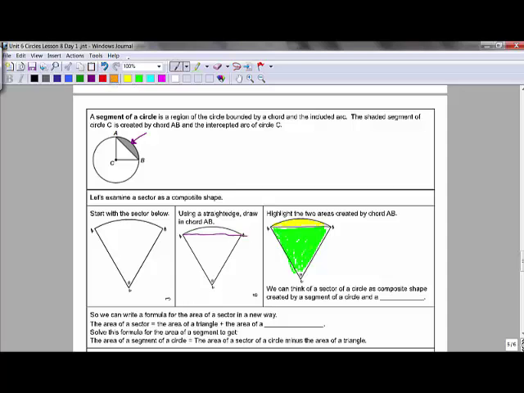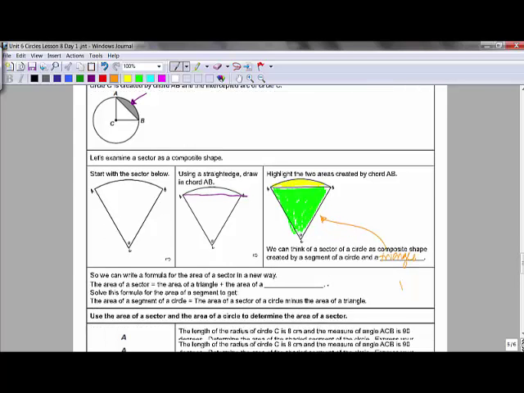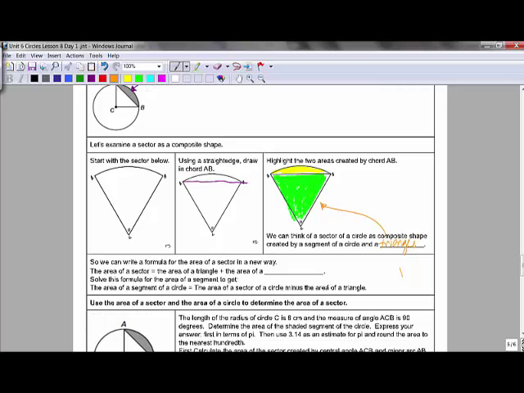So if we look, I see now we have a composite shape. Rather than looking at just the sector of the circle, I can see this segment piece and a triangle piece right here. So I can think of this total area as the area of two composite shapes.